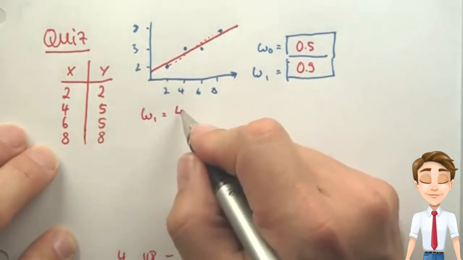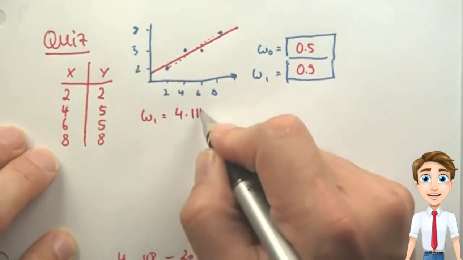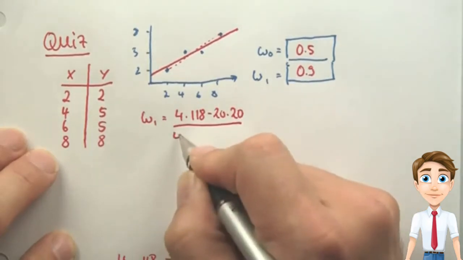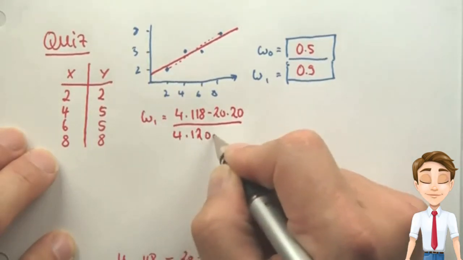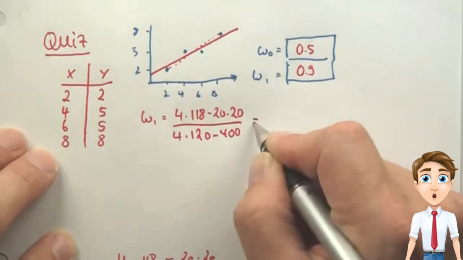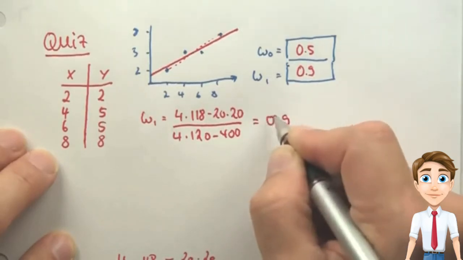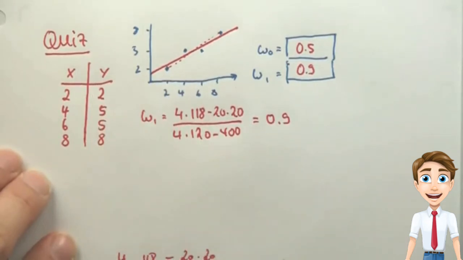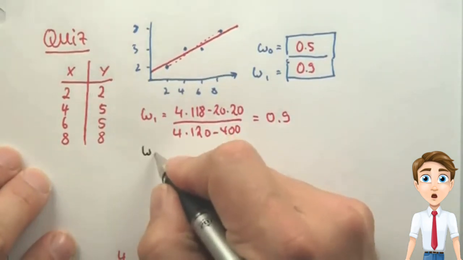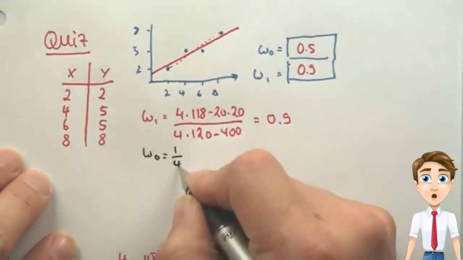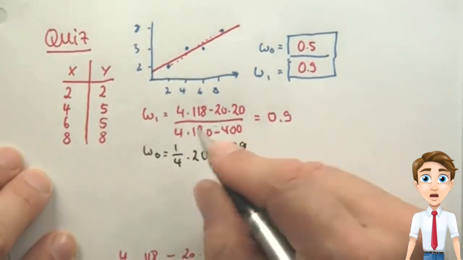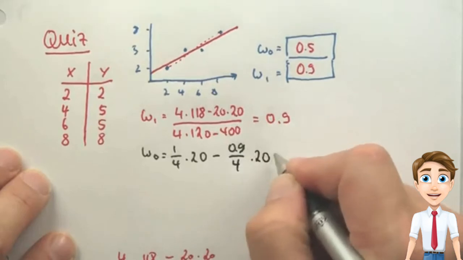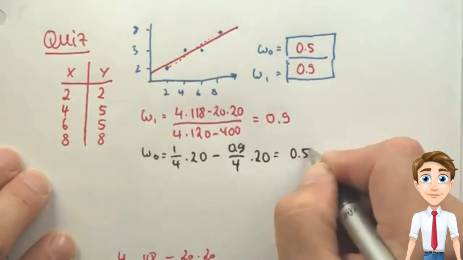W1 equals 4 times 118 minus 20 times 20 over 4 times 120 minus 400, which is 0.9. This is merely plugging in those numbers into the formulas I gave you. W0 then becomes a quarter times 20 minus 0.9 over 4 times 20, which equals 0.5.